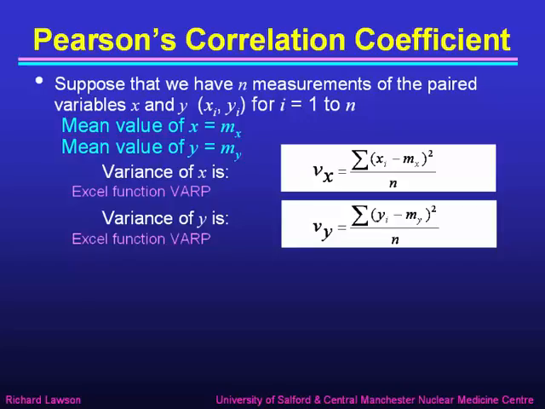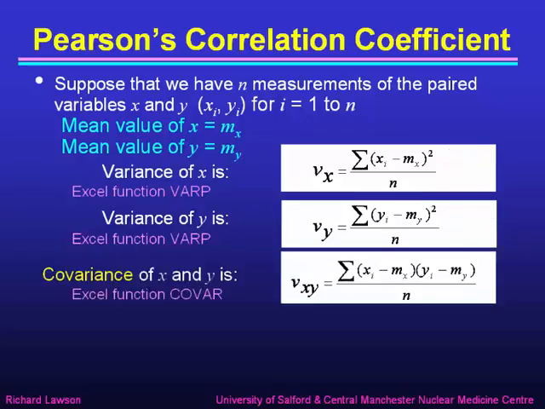Now notice in both of these formulae we've got either x minus its mean squared or y minus its mean squared. Squaring a number is multiplying by itself, so that is the x deviation times the x deviation, or the y deviation times the y deviation.